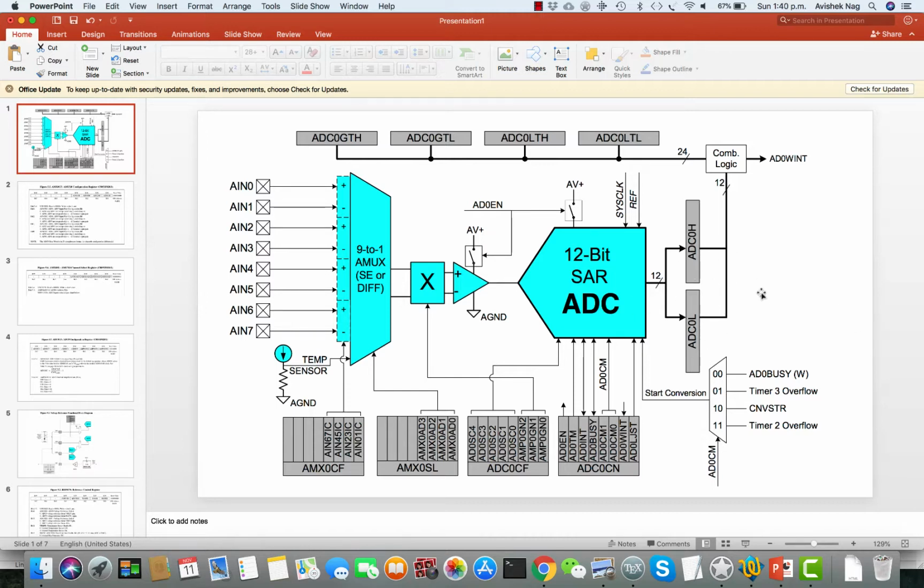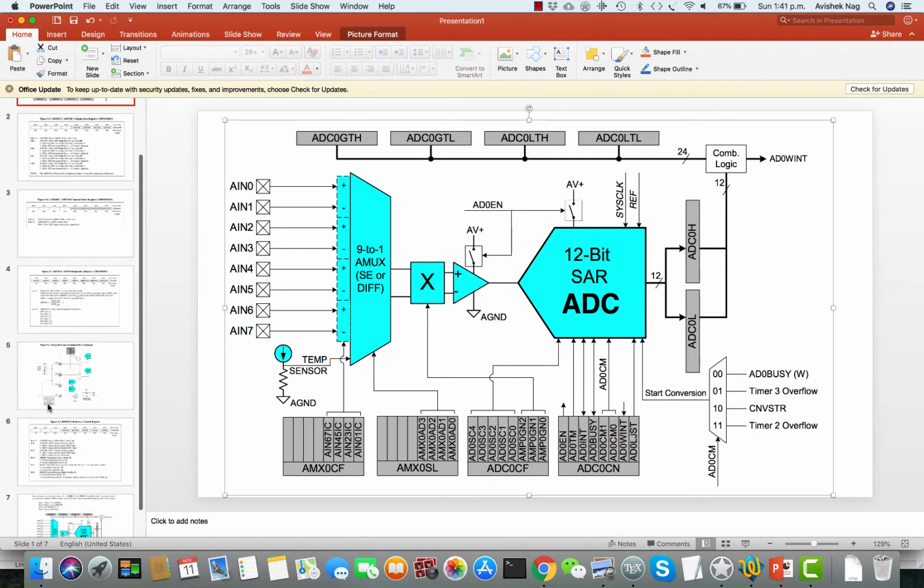You have to see the change on the 4 LEDs by changing the input of the ADC which is connected to the potentiometer. So that's what you have to do in the lab.